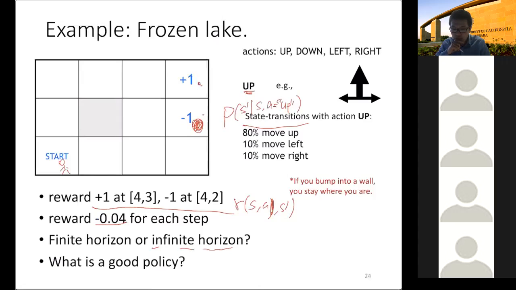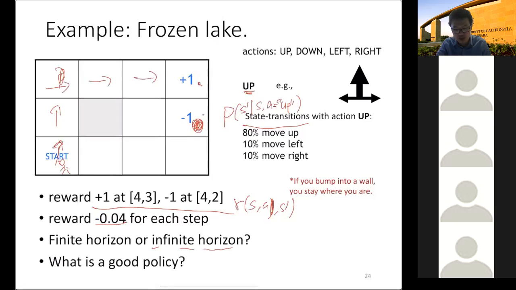If we think about this problem, what is a good policy? Should we go right or should we go up first? It really depends on the different parameters of this setup. Let's say that this agent can take this path there, but you will not necessarily move here if you decide to do this.